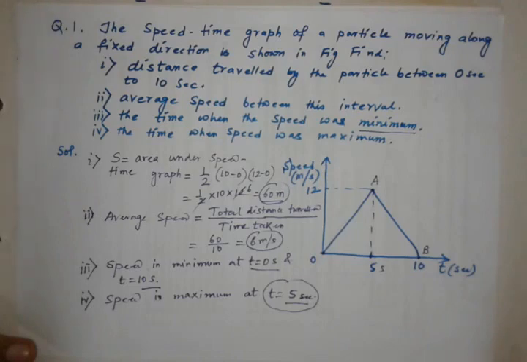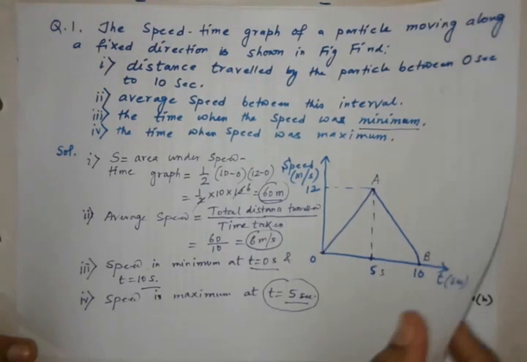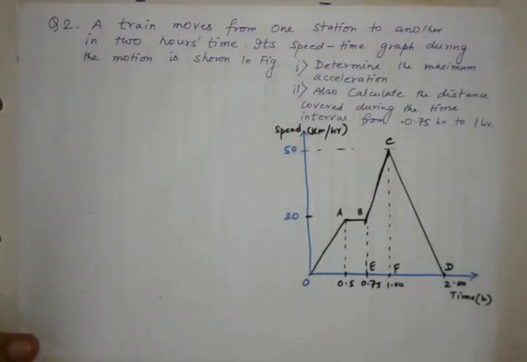Okay, so now we'll go to the next numerical, next page. First I'll read this one. A train moves from one station to another in 2 hours time. Its speed-time graph during the motion is shown in the figure.